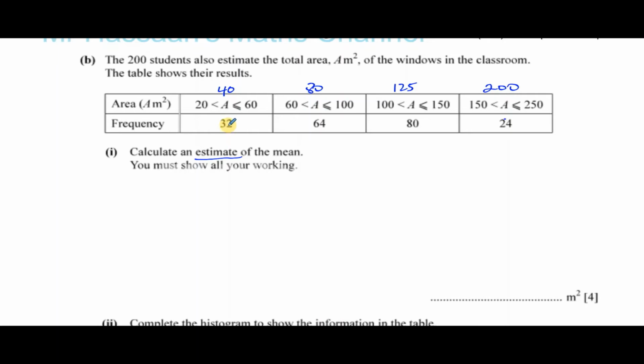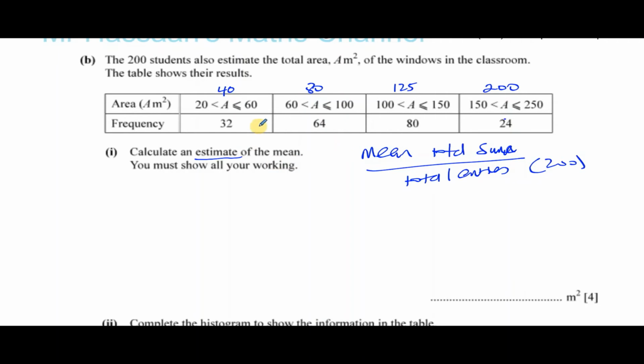So 32 students chose 40, we assumed. Remember, we're finding the mean. The mean is the total sum of all the volume estimates divided by the total number of students that made the estimate, which is 200.